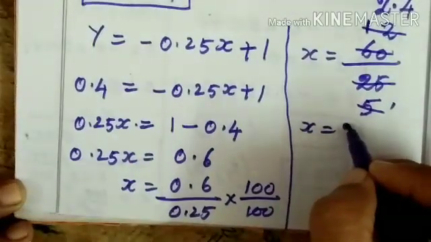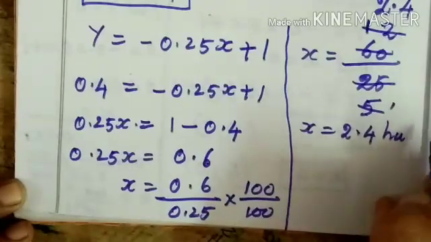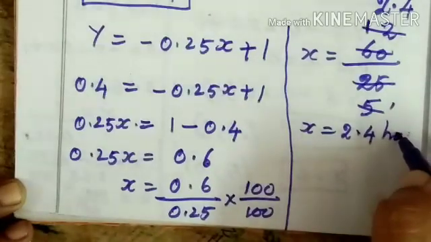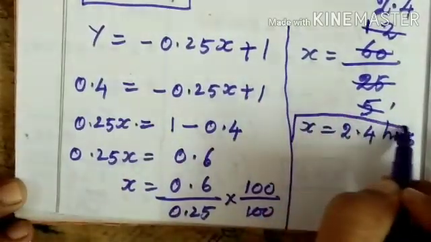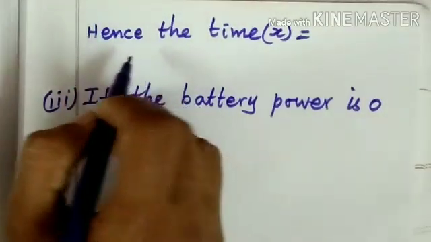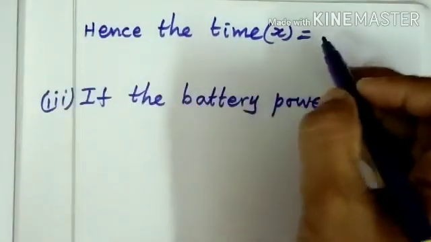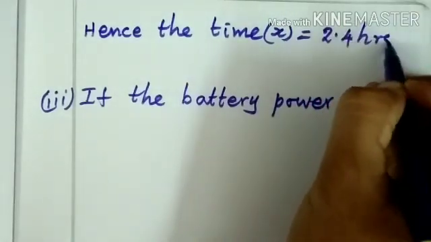Therefore, the value of x is 2.4 hours, because x denotes time. Hence, the time x is equal to 2.4 hours.